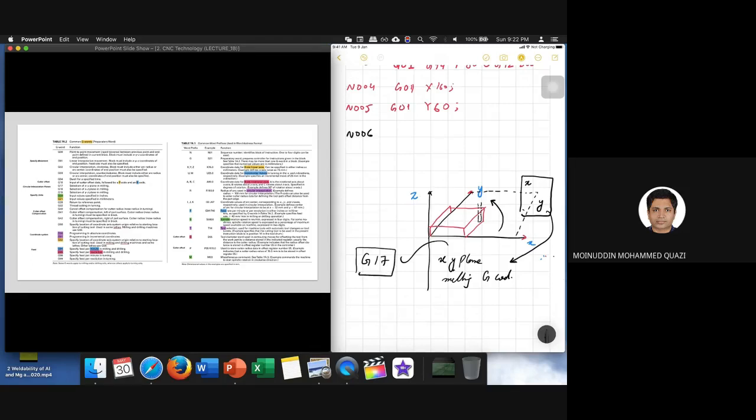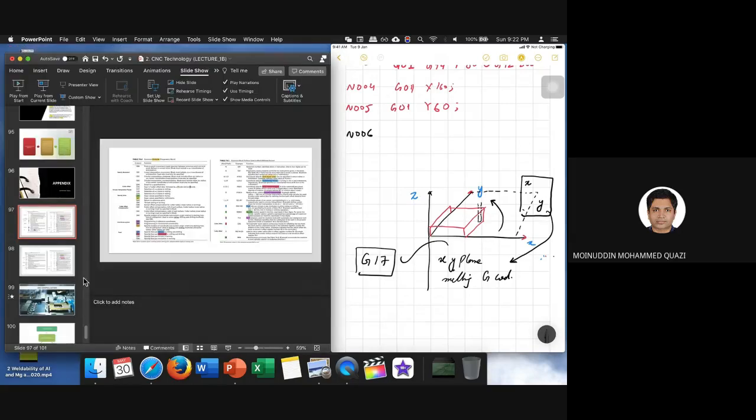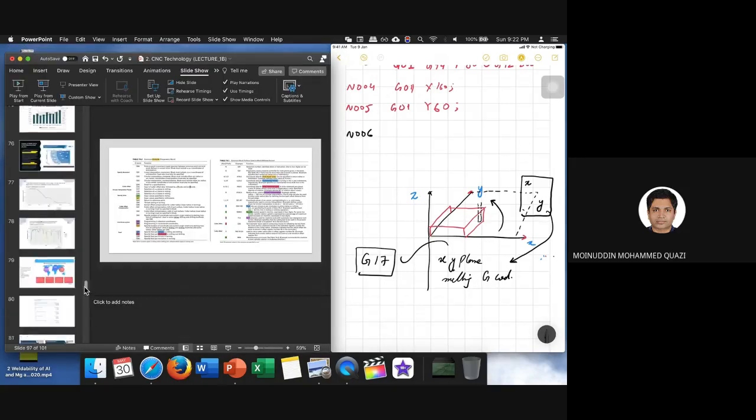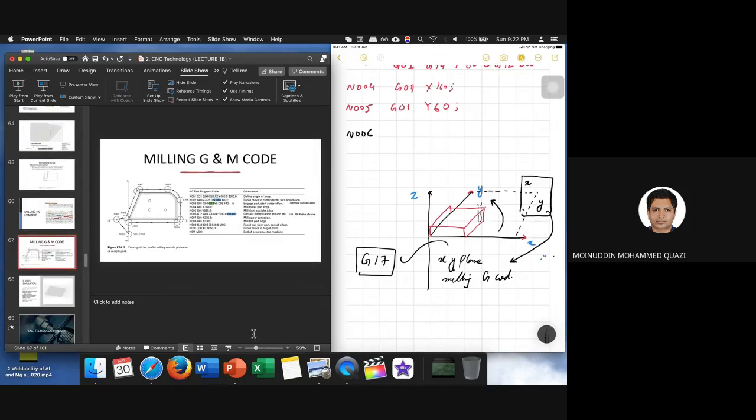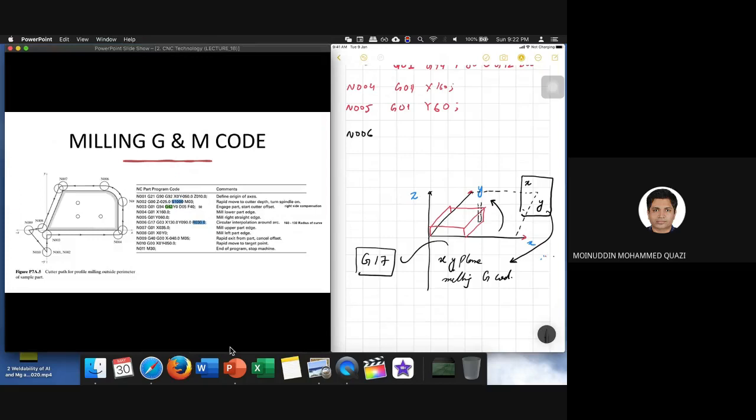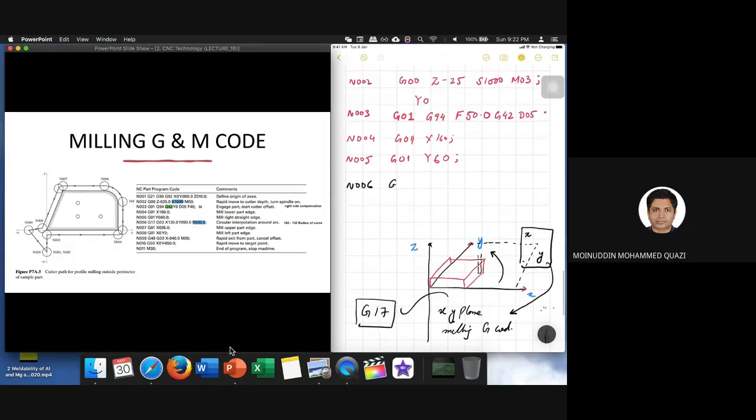So now I will go back to my program and write G17 because I am doing milling in the XY plane. Next, G03, circular interpolation, right side.